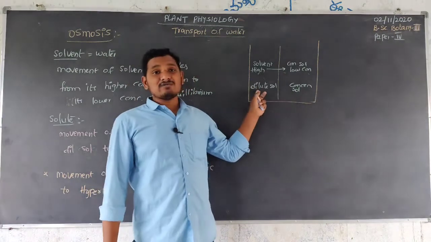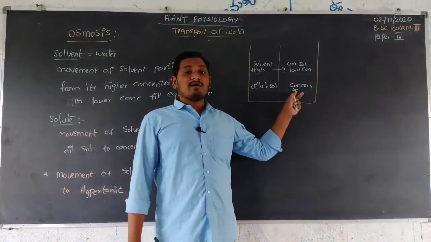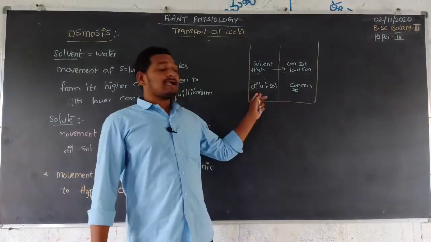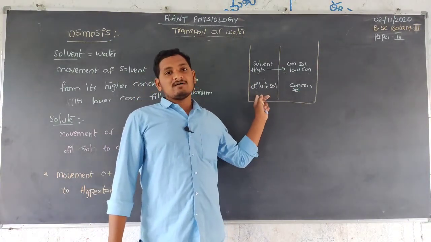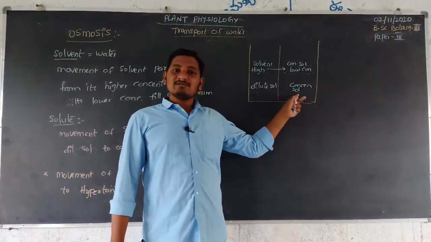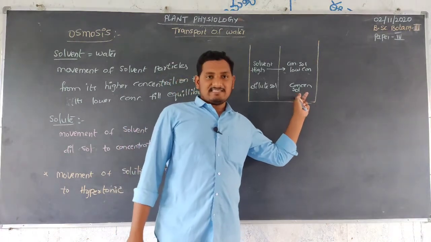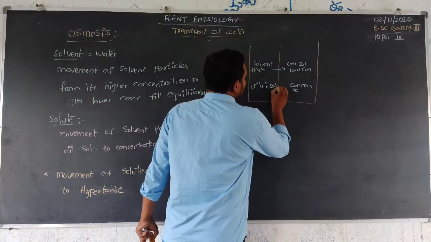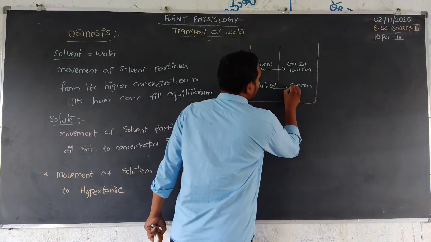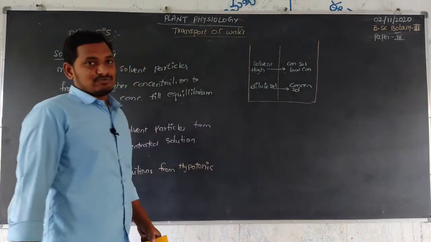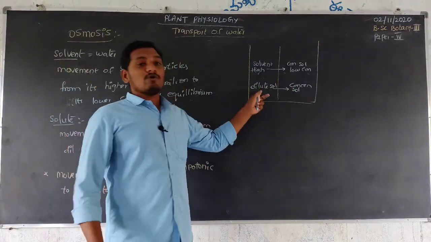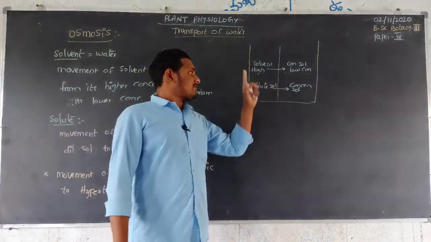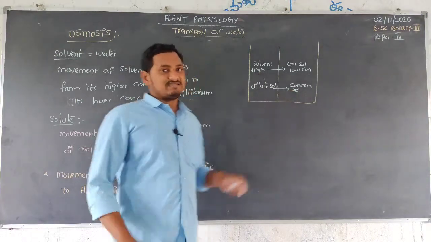So water molecules are more here, and less there. More water molecules means concentration is high, fewer means concentration is less. So water molecules move from dilute solution to highly concentrated solution. Dilute means more free water molecules, that's why from the higher region to lower region.